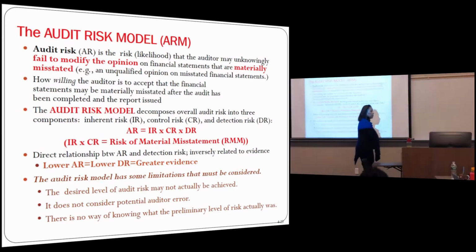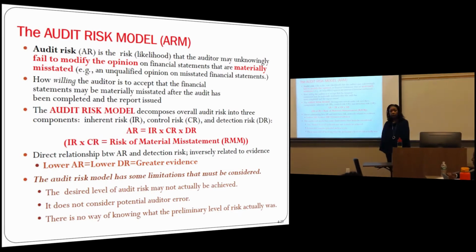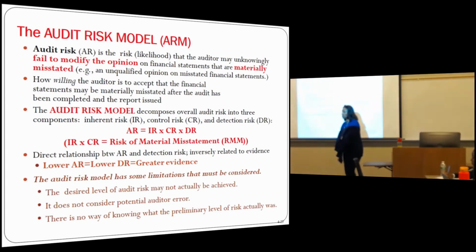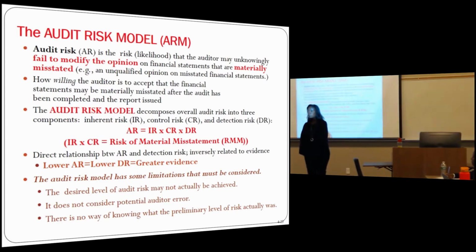Of the four components of the audit risk model, the only two components that the auditor actually controls are audit risk and detection risk. The detection risk is the response to the auditor's assessment of the risk of material misstatement, which is inherent risk and control risk.